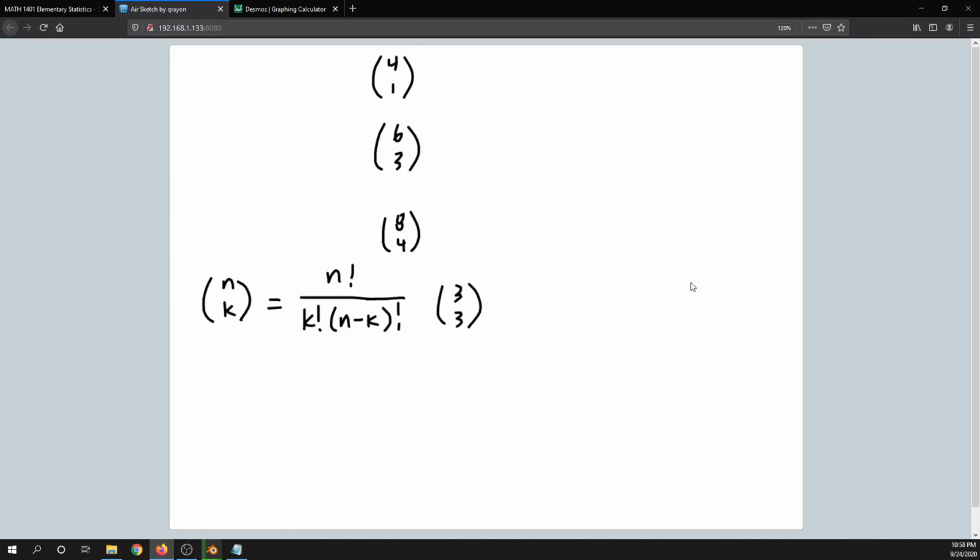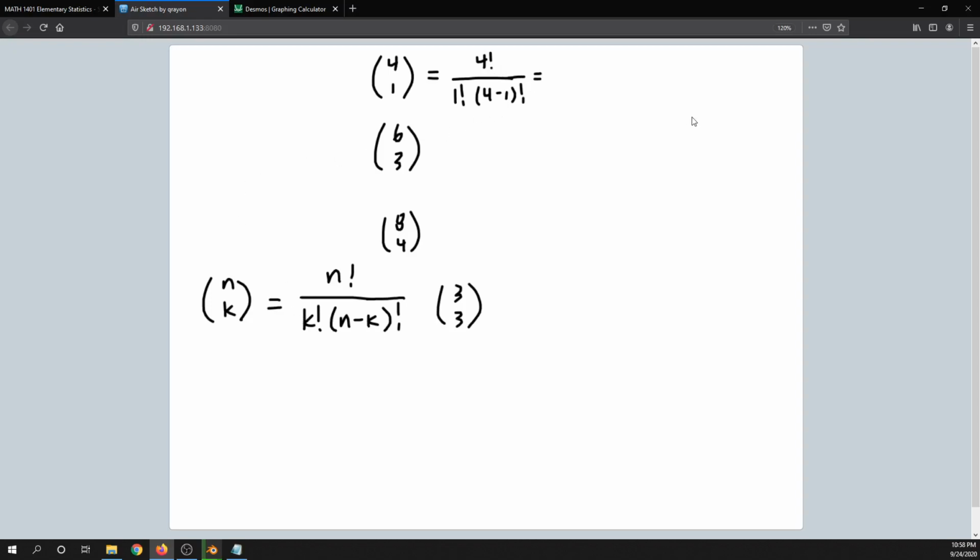To calculate out 4 choose 1, using this formula, whatever the top number is, factorial on the top. And then k factorial, the bottom number, 1 factorial. And then n minus k factorial, so n minus k would be 4 minus 1 factorial. And then we would calculate that out.